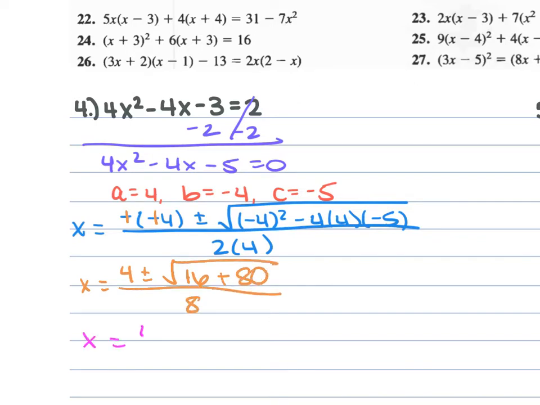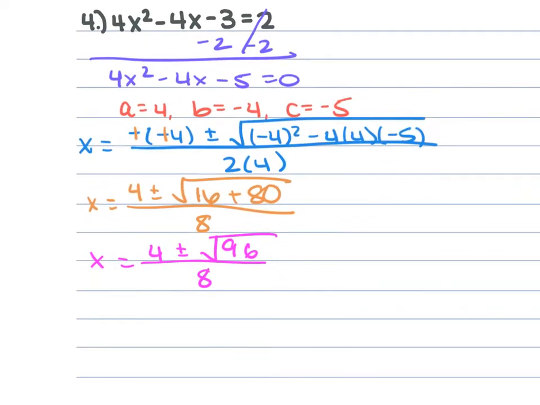So x is equal to 4 plus or minus the square root of 96 all over 8. That 96, when we factor it, we know that 3 goes into it evenly 31 times, and it doesn't simplify any further. So we have x is equal to 4 plus or minus the square root of 96 all over 8.